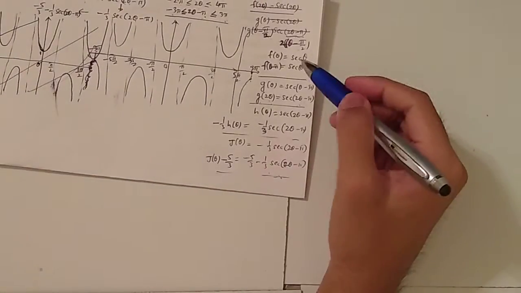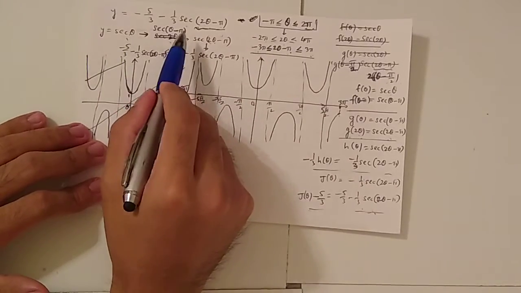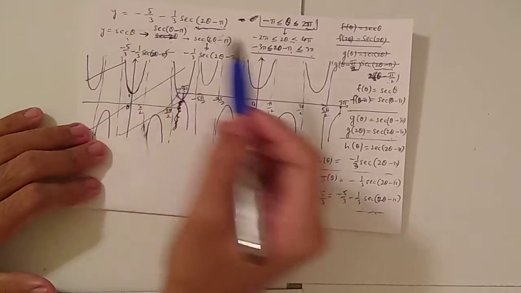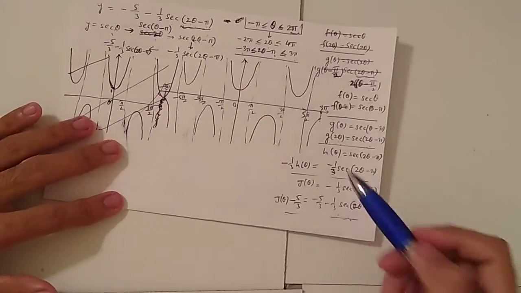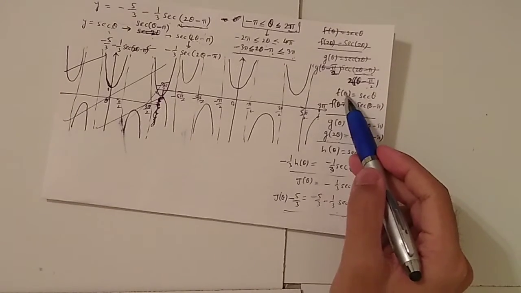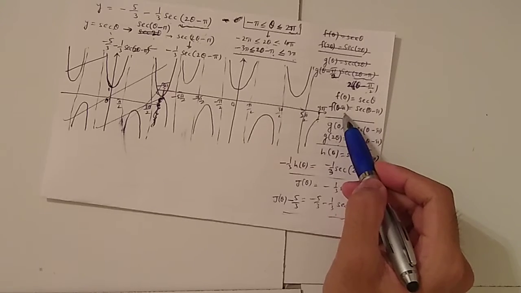So again we are doing 4 separate steps. We move from sec theta to sec of theta minus pi, from sec of theta minus pi to sec of 2 theta minus pi, from there to here, and from here to here. So you're having 4 different steps, and thus you'll be having 4 separate transformations. For the very first transformation, you go from f theta to f of theta minus pi.